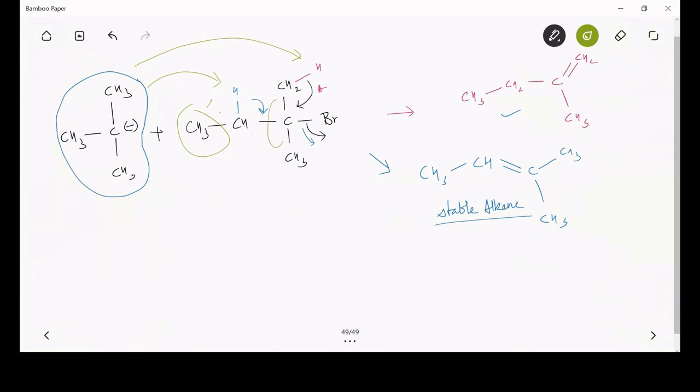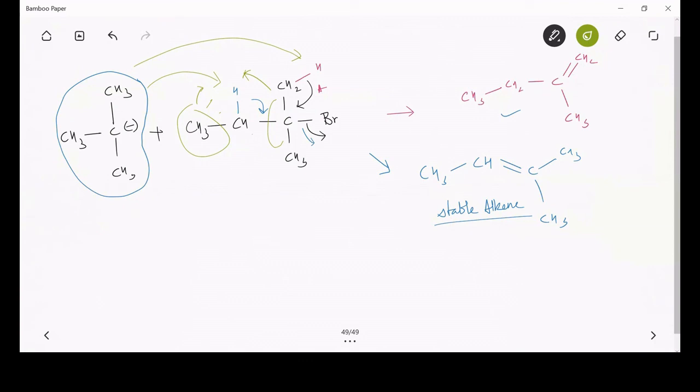So there will be a steric repulsion between you, the base, and these groups around this proton. So you will not prefer that. You just want a proton. Why shall you go to a place where there are steric hindrances? So you will always prefer the site which is less sterically hindered.